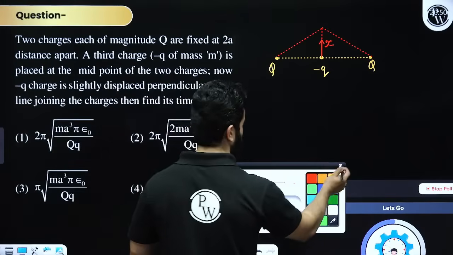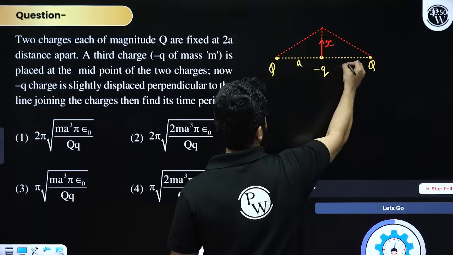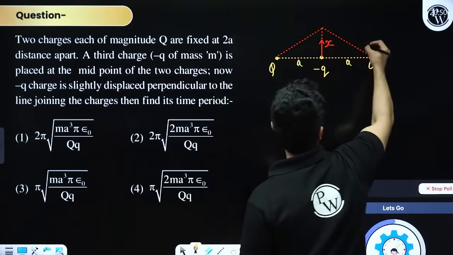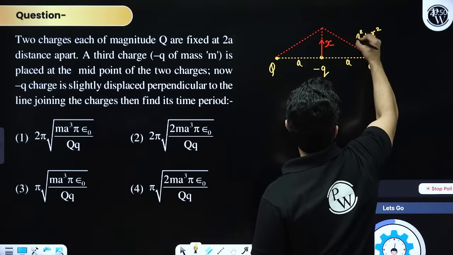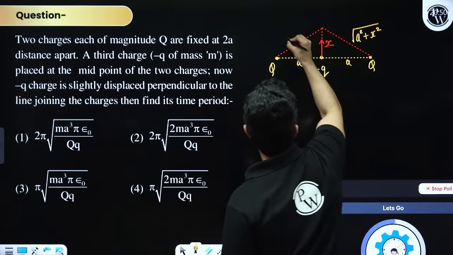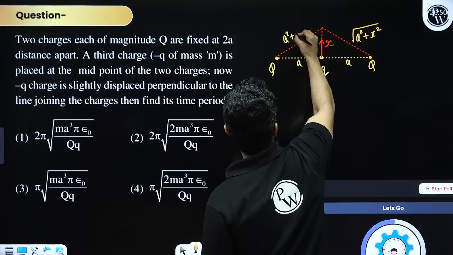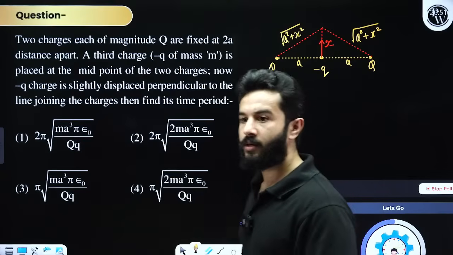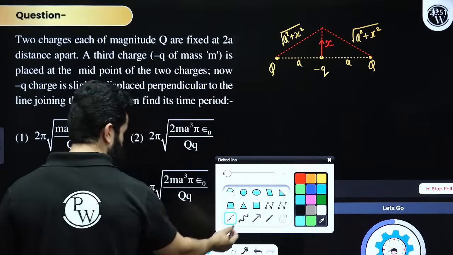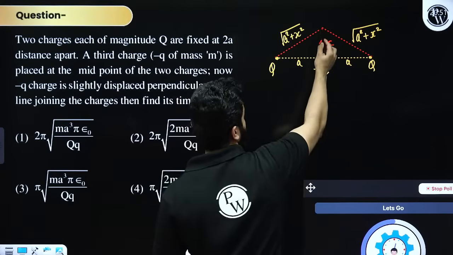Please note, this is a, this is a. So this distance is going to be the square root of a square plus x square, and this distance is also the square root of a square plus x square.